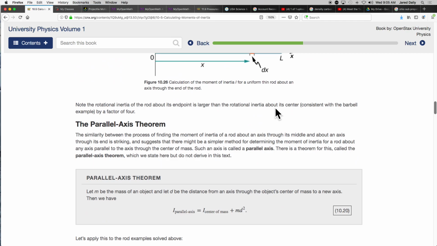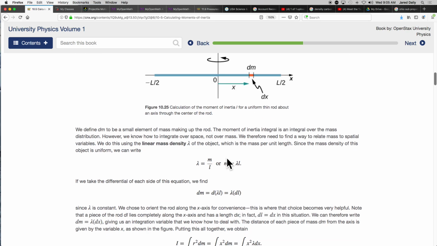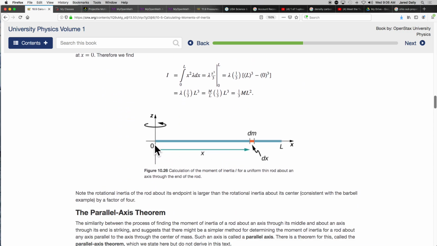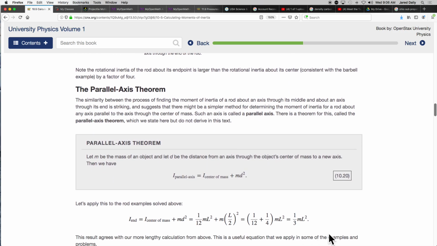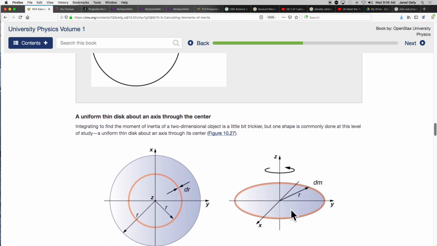You can do it for the thin rod about its center, and you get this result. The thin rod about its end, so now it's spinning around the end of the rod instead of around the center, you get a different result here. And you can do it for a disk.